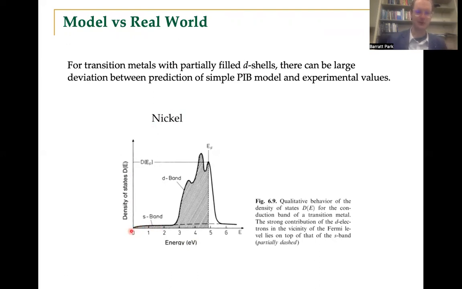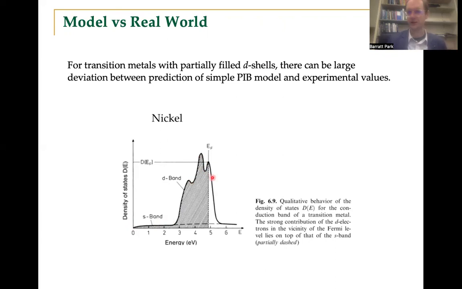The density of states grows as the square root of the energy. But as you go to higher energy, you start to see this extra structure. This is due to the structure of the d orbitals that are involved in the conduction band of nickel. In gold, we only had the s band contributing to the conduction band, but if you also have d electrons, then you get a more complicated structure.